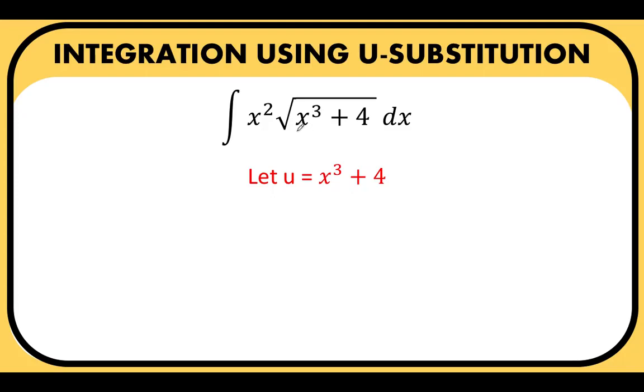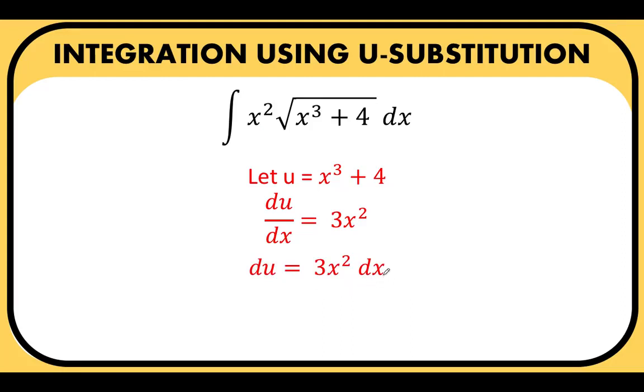We will let x cubed plus 4 be our u, because if we get the derivative of u with respect to x, we have this expression 3x squared, which is almost similar to one of the factors in the integrand. Again, we pretend that du over dx is a fraction instead of just an operation, so we multiply both sides by the differential dx to arrive at du equals 3x squared dx.